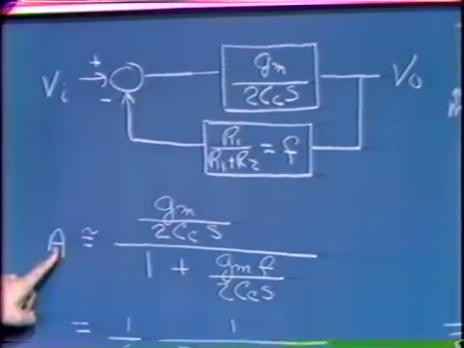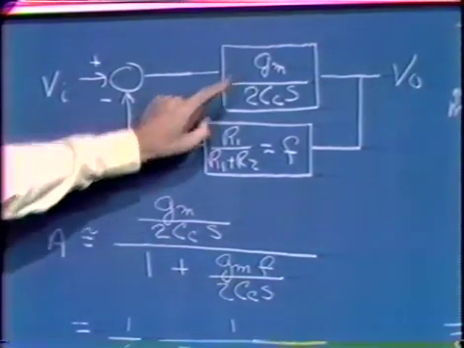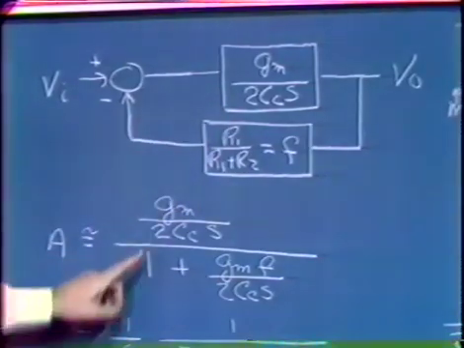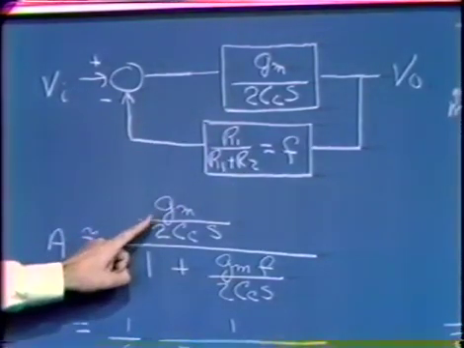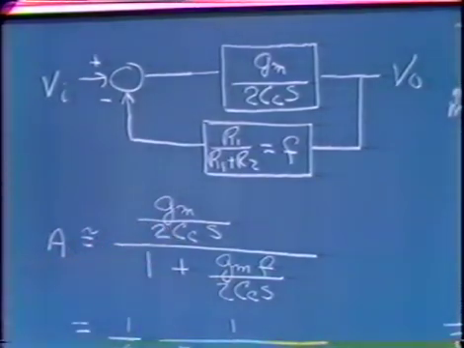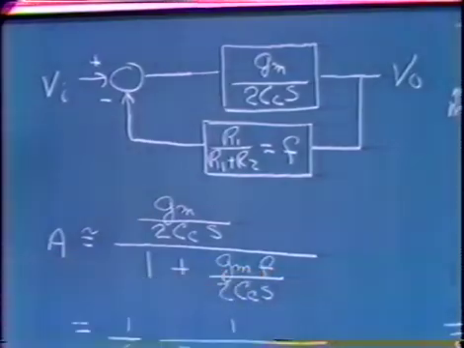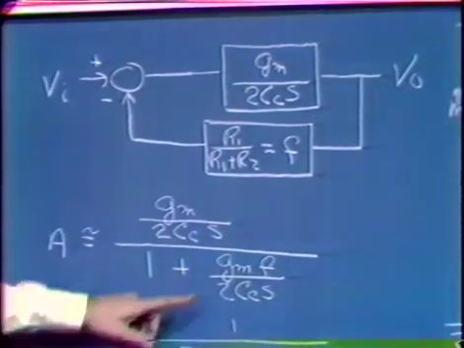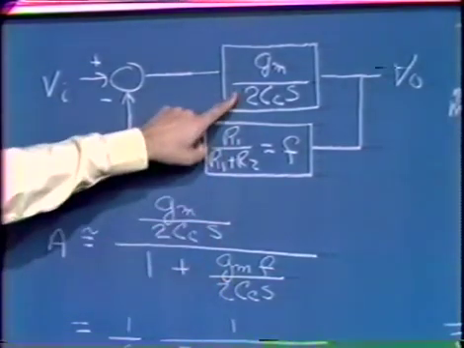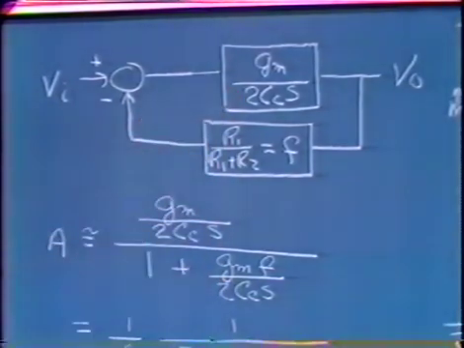If we estimate the closed loop gain based on this expression for the forward path gain, we get the expression shown, G sub m over 2 C sub C s, over 1 minus the loop transmission, assuming that the loop transmission can use this estimate for the forward path gain.